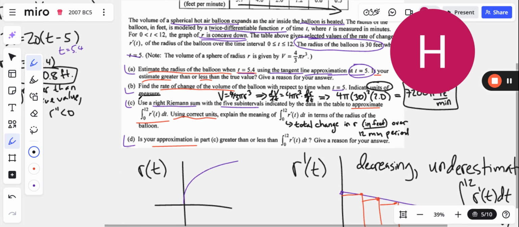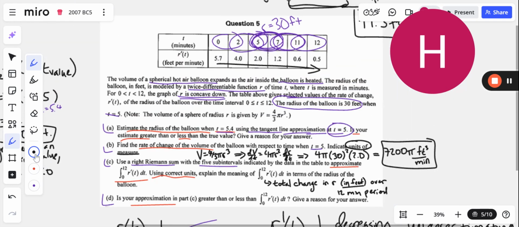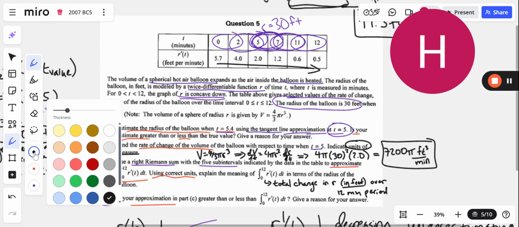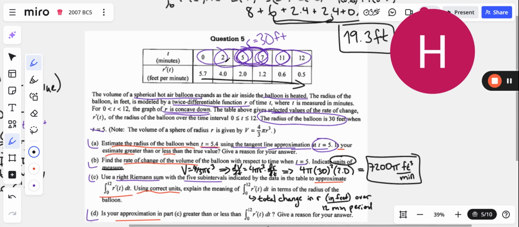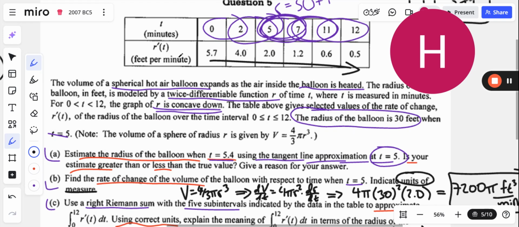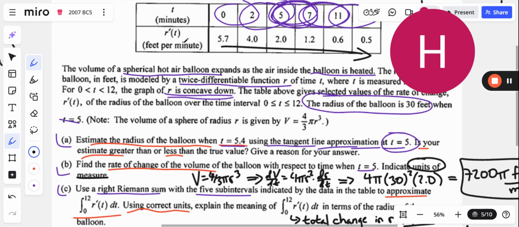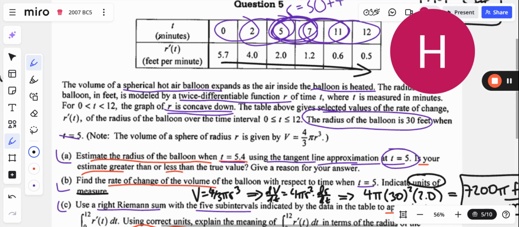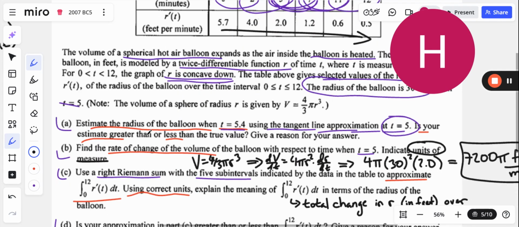Now, some pitfalls here. In chart problems, you're generally going to be approximating, because we don't have an actual function equation, just chart values. And this one was kind of clever in that they combined the idea of related rates. When we found the volume, we had to use the chart as part of the derivative of the volume.